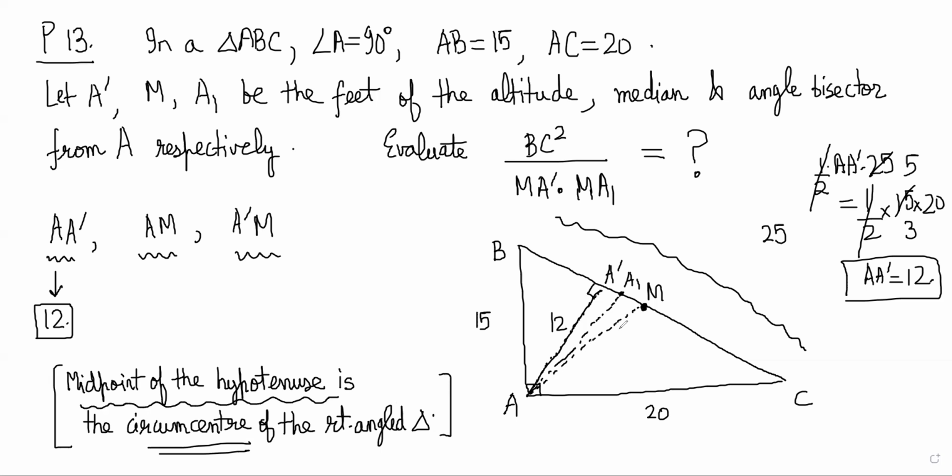So then if it is circumcenter, then you should realize that this distance AM will be equal to MB and MC, right? Yes, sir. So AM must be what? 25 by 2. Because MB and MC are also 25 by 2, no? It was the median, right? I hope people are following what I'm doing.